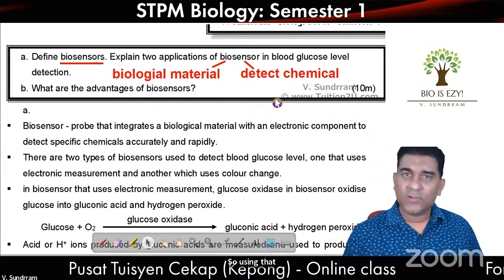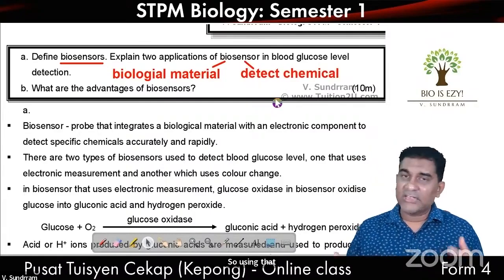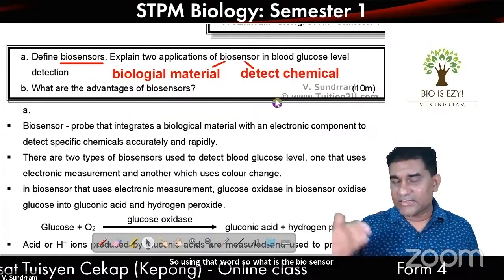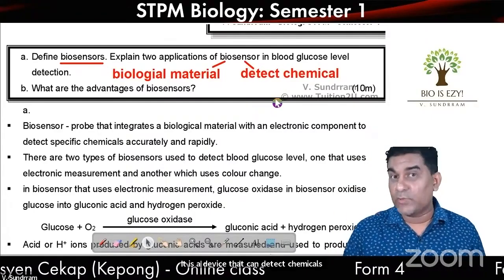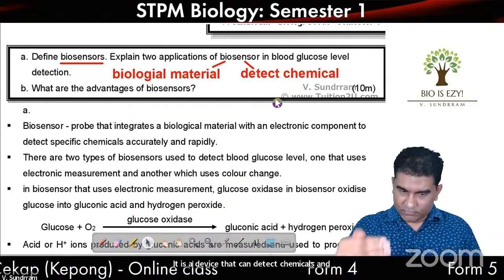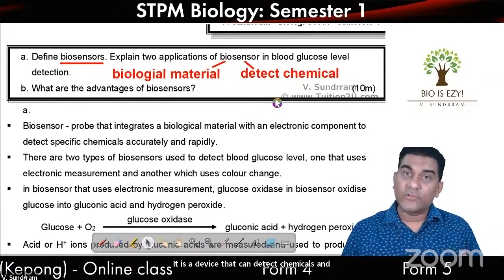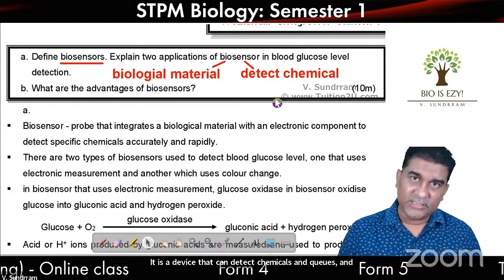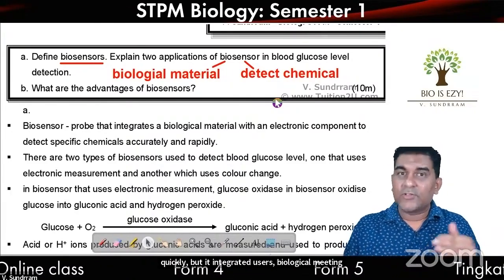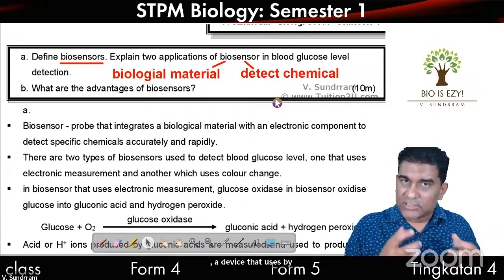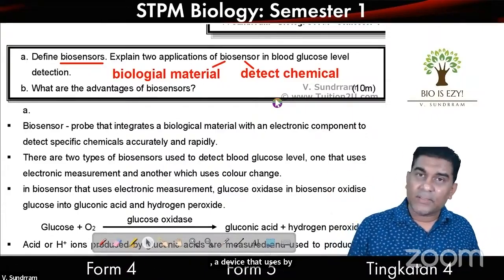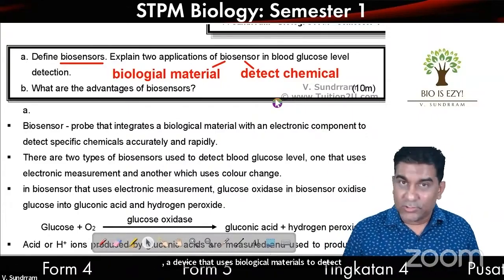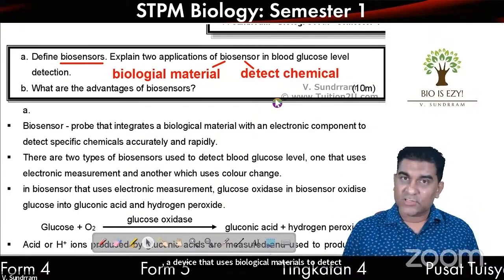So what is a biosensor? It is a device that can detect chemicals accurately and quickly, but it uses biological material.